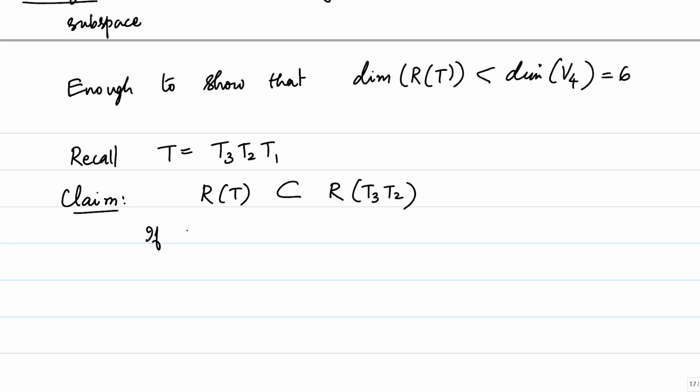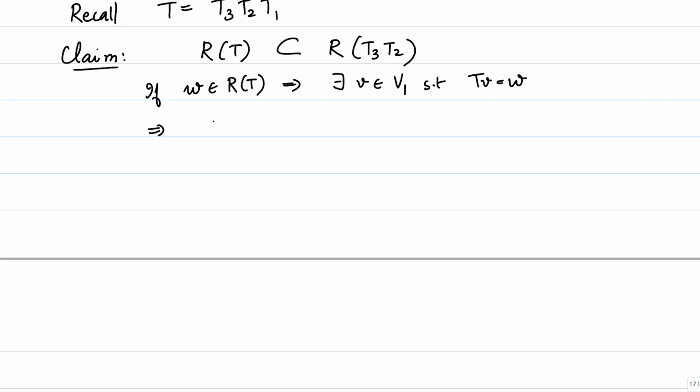If, for example, W belongs to R of T, this means that there exists V in capital V1 such that TV is equal to W. But that means T3, T2, T1V is equal to W. Let T1V be equal to, say, U, then W is equal to T3, T2U.